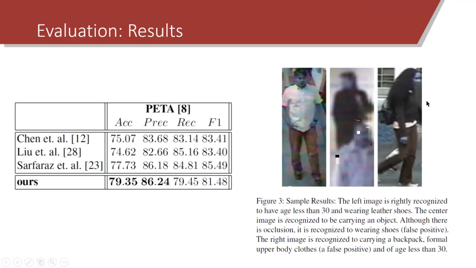Of course, the system cannot really recognize the kind of shoes and so on. The right image is recognized as carrying a backpack and formal upper clothes, which is not correct, and age less than 30, which is also not correct in this case. This is an example of false positive.